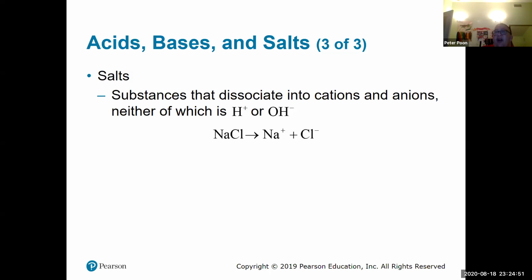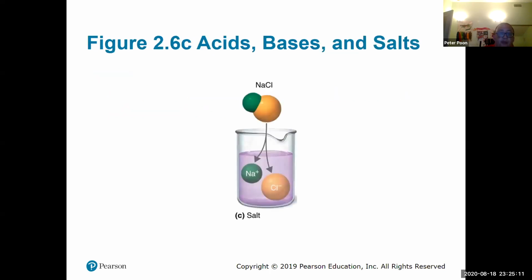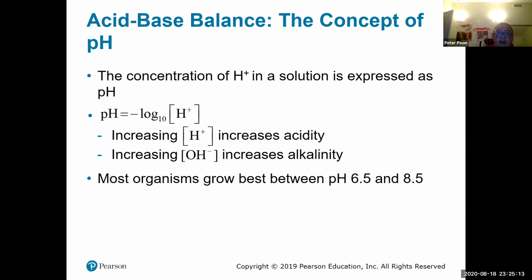Usually the H plus and OH minus meet together and they release a huge amount of energy, which is why it's never a good idea to randomly add acids and bases together because things can actually go boom. Okay?